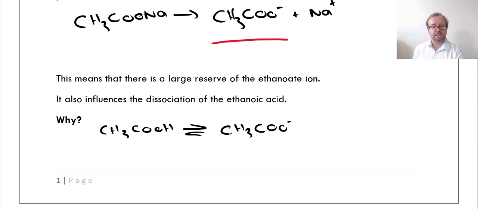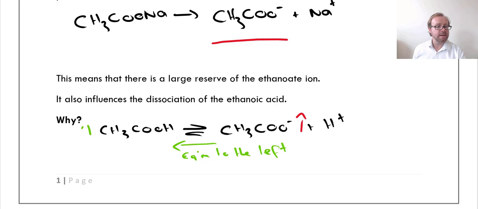So my ethanoic acid dissociates to this. Because I now have a large reservoir of ethanoate ions, I have increased this concentration. According to Le Chatelier's principle, I will shift the equilibrium to the left, which means I will increase the concentration of my ethanoic acid.